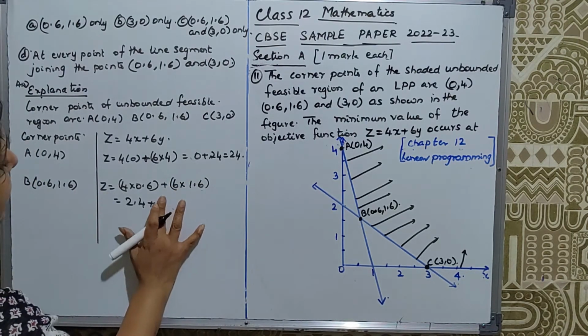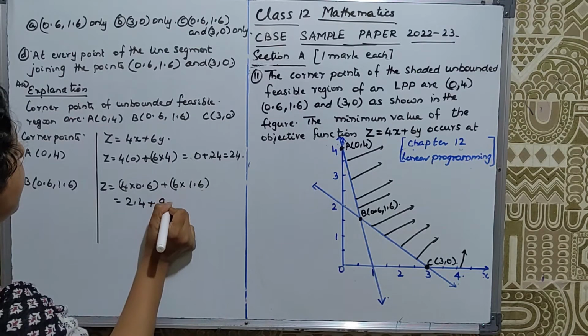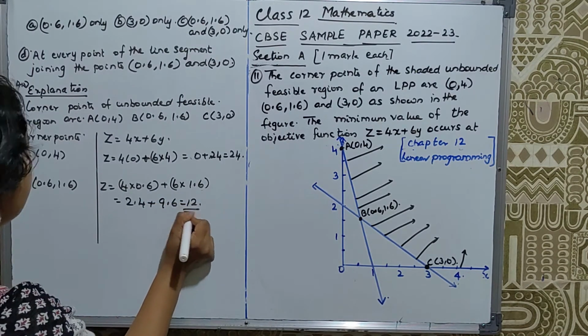So it will be 2.4 plus 9.6, which is equal to 12.